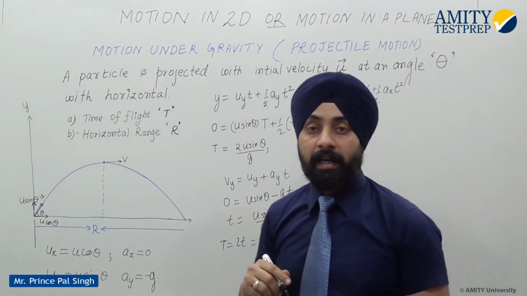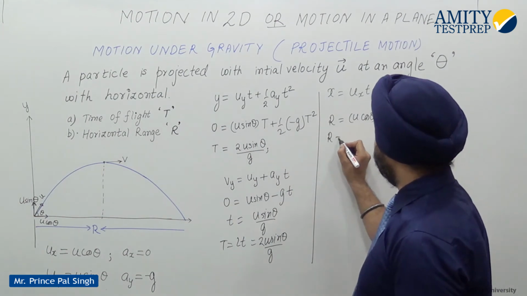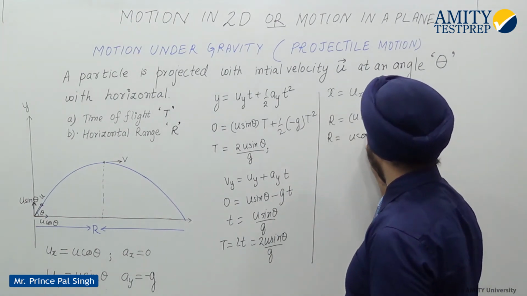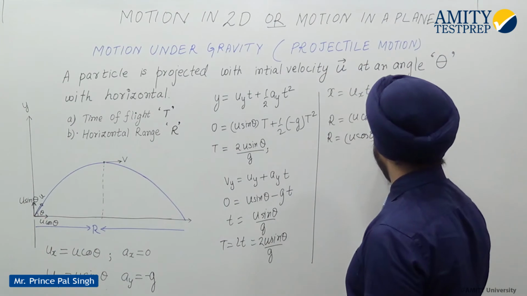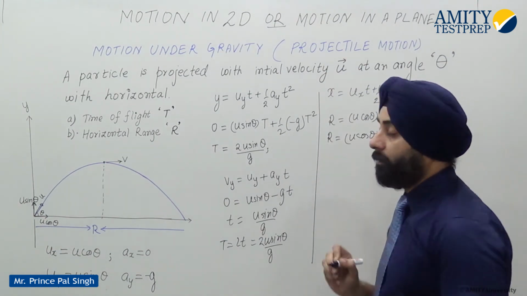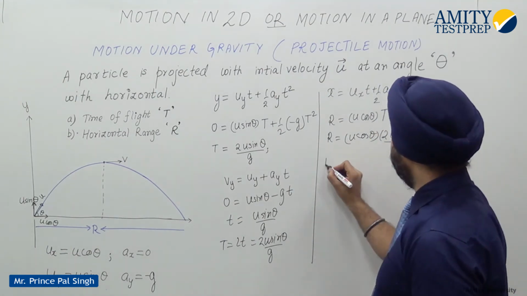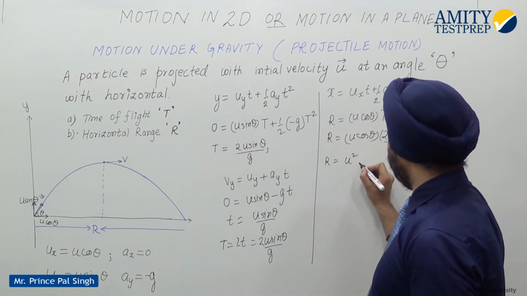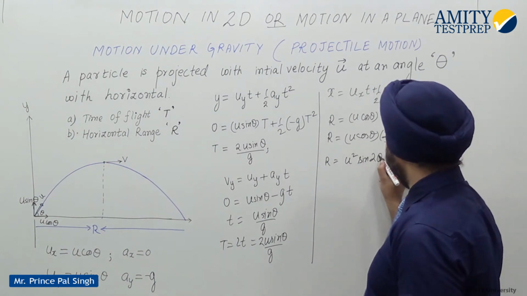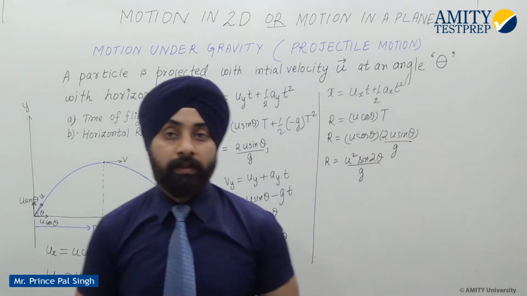I will put capital T, the time equal to time of flight. So you get u cos theta into 2u sin theta by g. So on solving this you get R equal to u square sin 2 theta by g. This is the formula for the horizontal range.